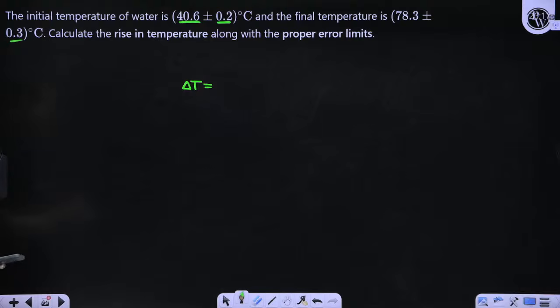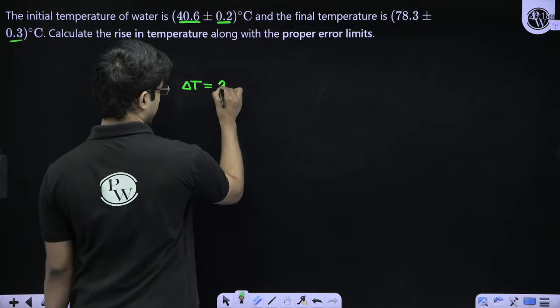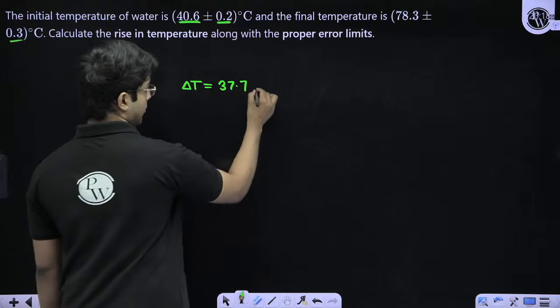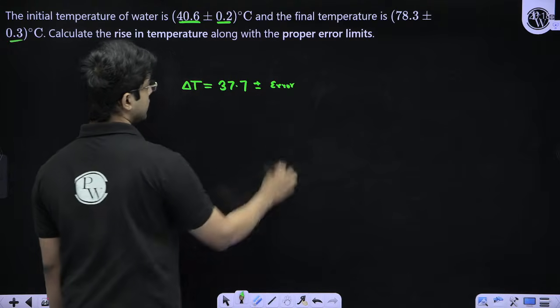78.6, 78.3, right? That is the final temperature and initial was 40.6. So if you subtract it, the answer is 37.7, but plus minus the error. We have to calculate the error, right?